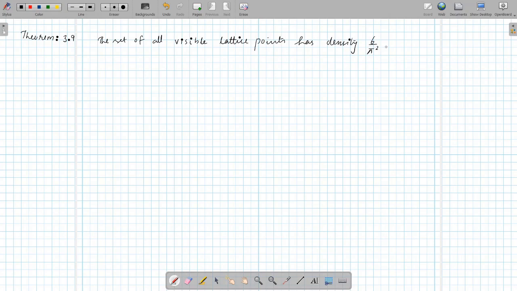We'll prove this theorem as an application of the average order of phi of n.